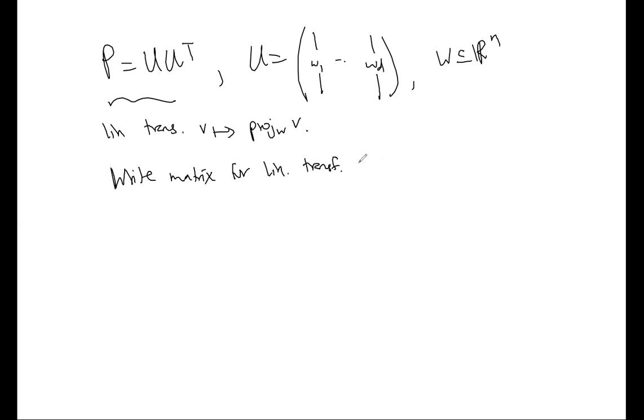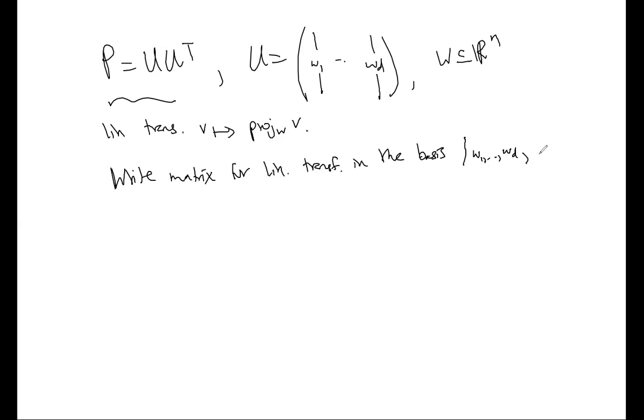In a different basis, right? We said that P is diagonalizable. Let's write down the matrix for this linear transformation in the basis. So let's take a basis of W, the column space of U. So W1 through WD, this is a basis for W, and then we want a whole basis of Rn.